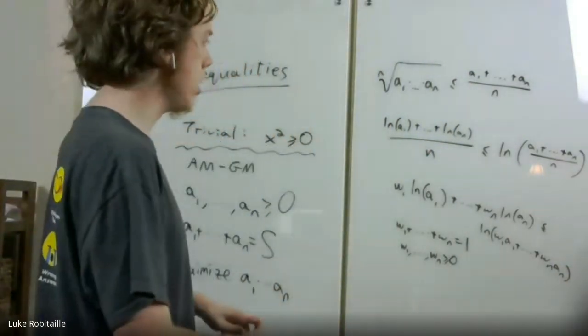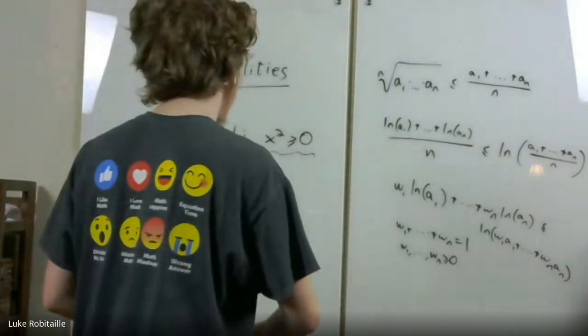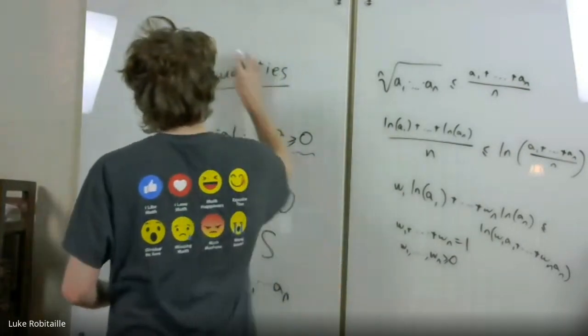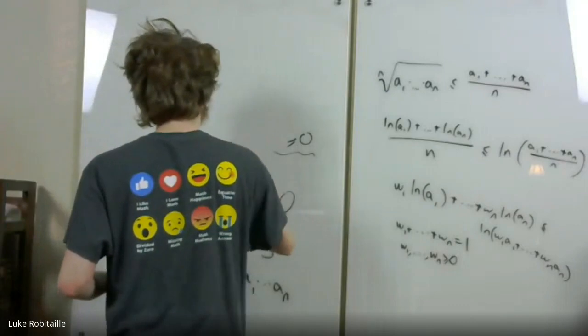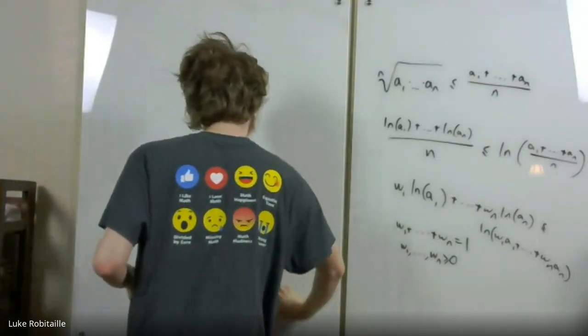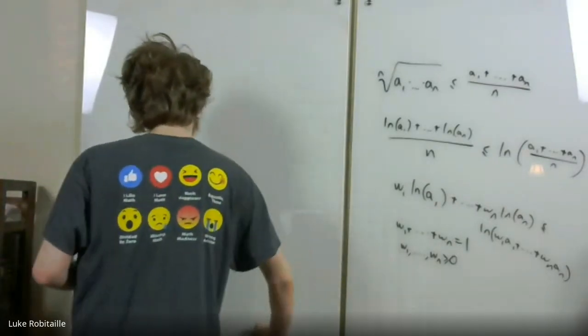And so raising back to a power, you would get weighted AM-GM, which showed up.